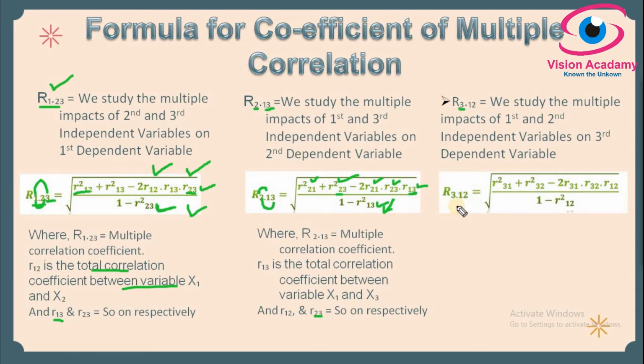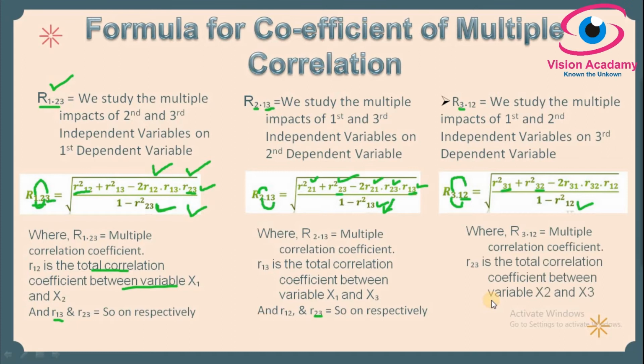Firstly I will consider R31, and secondly I will consider the first and last element, that is R32, and minus 2 R31 R32. Here the same thing we repeat again, and for the last two independent variables 1 and 2, here R12, and again R12 square, 1 minus R12 square, and the remaining values are the same here also. So please concentrate on how to formulate the formula very logically, otherwise you will be in trouble.